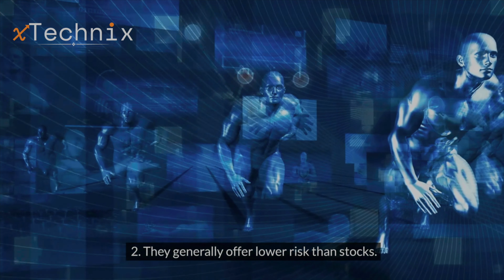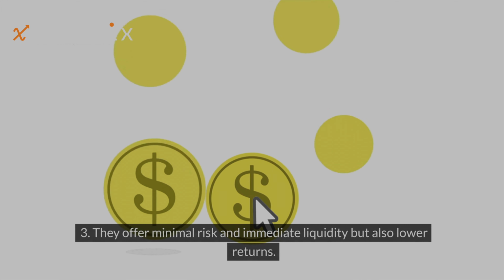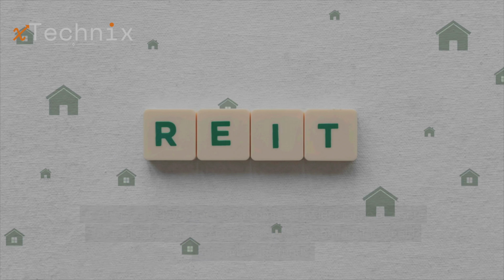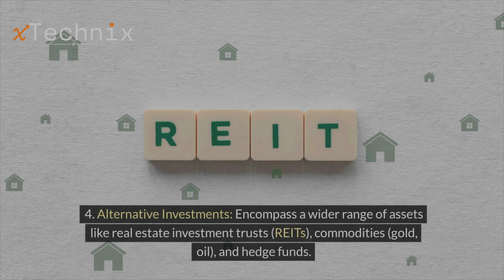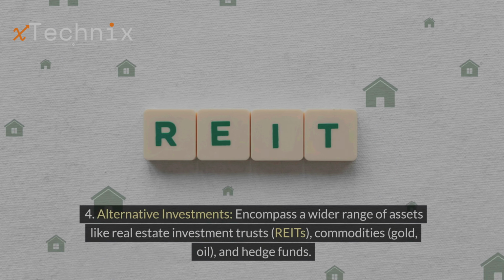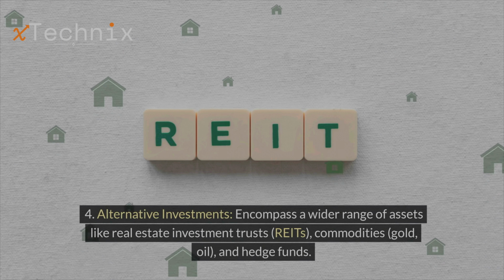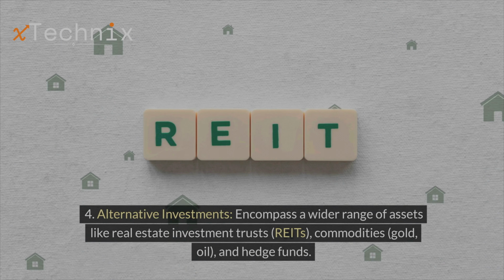3. Cash and cash equivalents include money market accounts, certificates of deposit (CDs), and savings accounts. They offer minimal risk and immediate liquidity, but also lower returns. 4. Alternative investments encompass a wider range of assets like real estate investment trusts (REITs), commodities (gold, oil), and hedge funds.